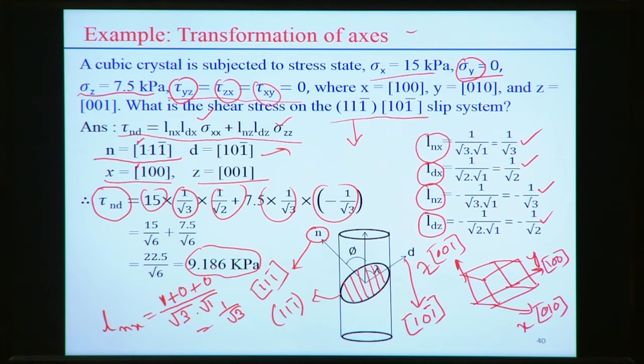A few important things to point out specific to this problem. First, when the slip system is given, we need to define one specific plane on which the slip will occur, and second, the direction in which slip will occur. So the first part clearly indicates the representation of the plane, and the second part represents the direction.